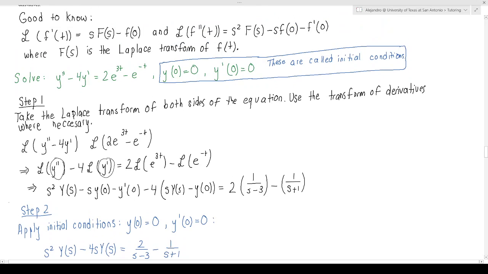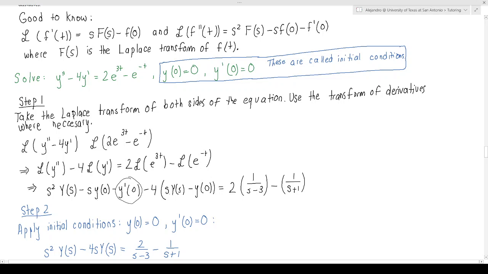Using those equations that we have above, we're going to transform y double prime into the equivalent form in the Laplace domain. So that's going to be s squared times big Y of s, instead of big F of s, minus s times y of 0, instead of f of 0, minus y prime of 0, instead of f prime of 0.